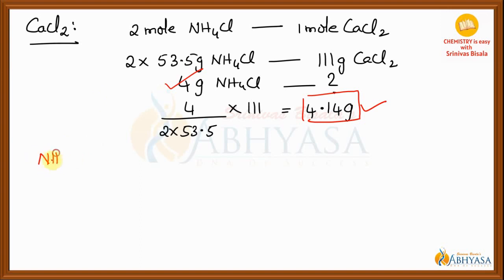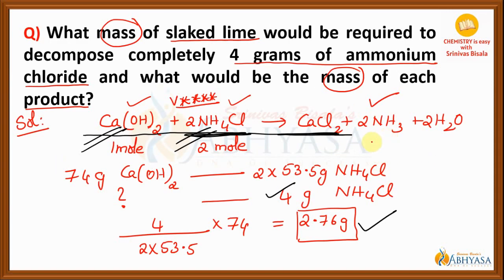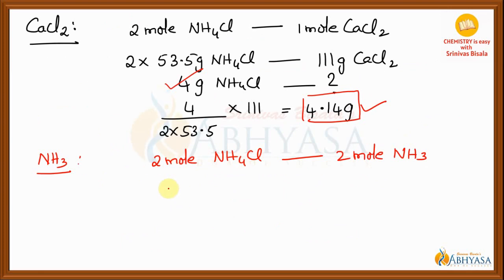It is ammonia. Again from the balanced equation, 2 moles of ammonium chloride whenever participate, we get 2 moles of ammonia. You see the equation. We are getting 2 moles of ammonia from 2 moles of ammonium chloride. So here 2 into 53.5 grams of ammonium chloride whenever reacts, we will be getting 2 into 17 grams of ammonia.